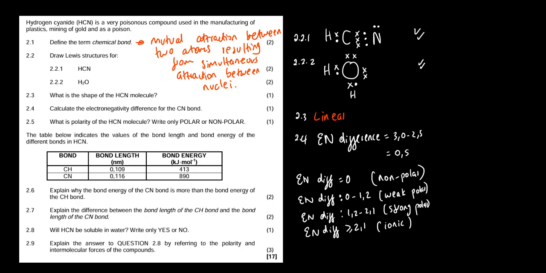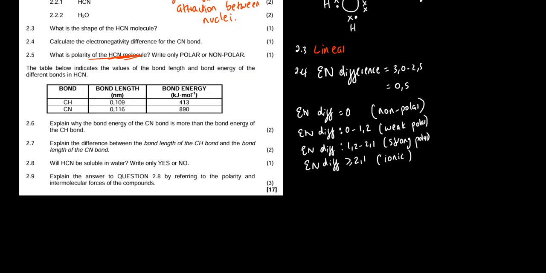For 2.5, they ask what the polarity of this HCN molecule is, but guys, there is a difference between the polarity of a molecule and the polarity of a bond.